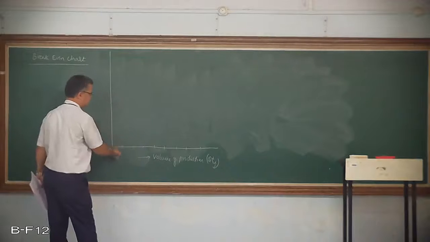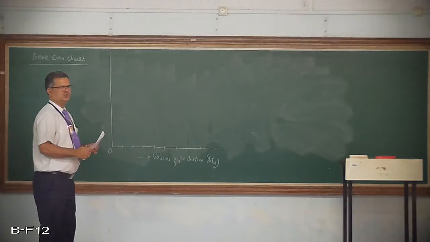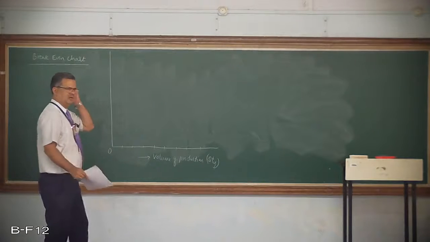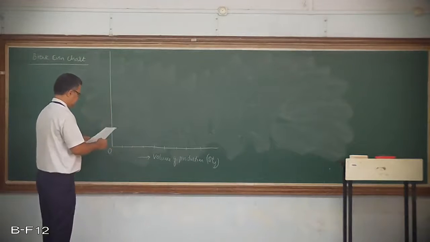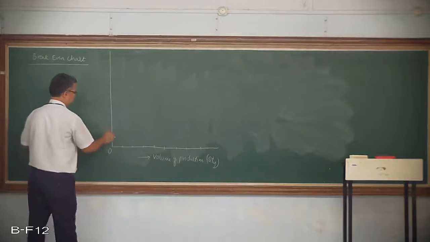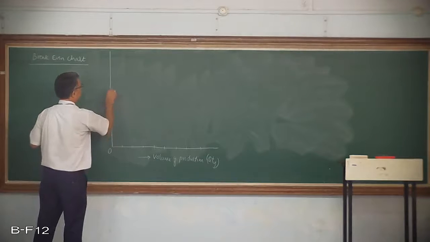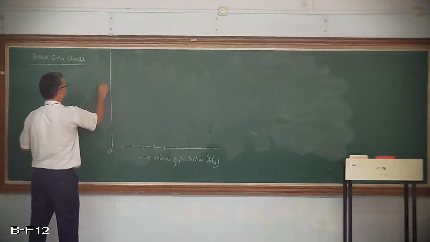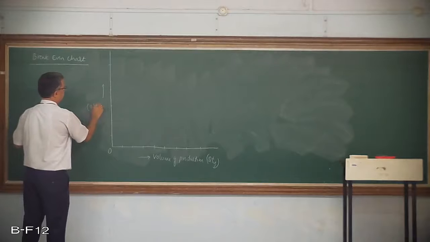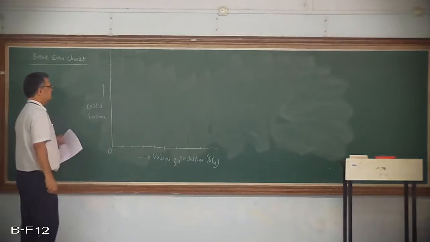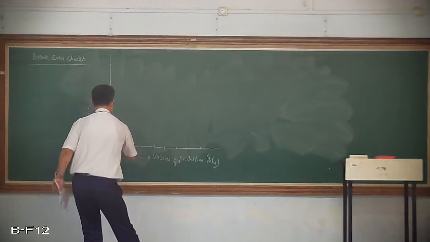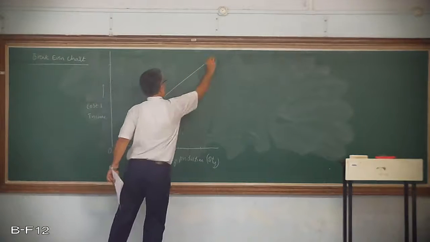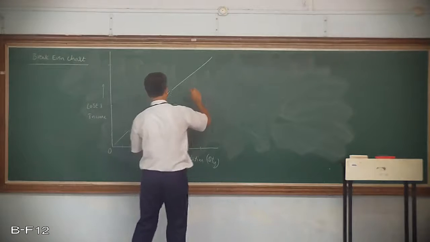That is going to indicate quantity 1, quantity 2, quantity 3, and so on. Next, here, cost and income. Here, this line, a 45-degree line, shows the sales income.